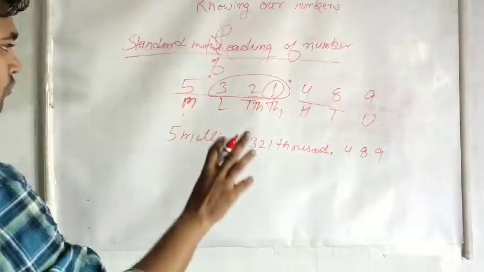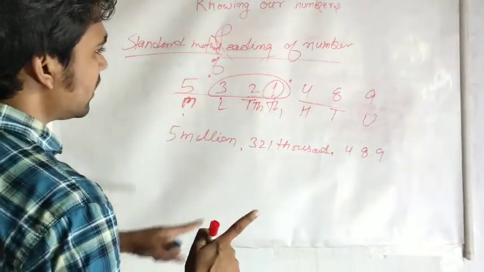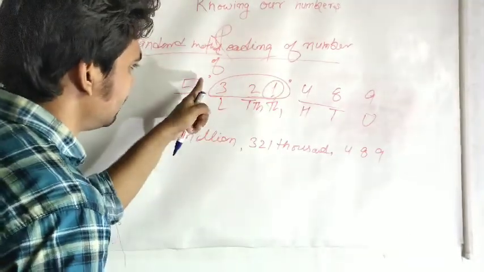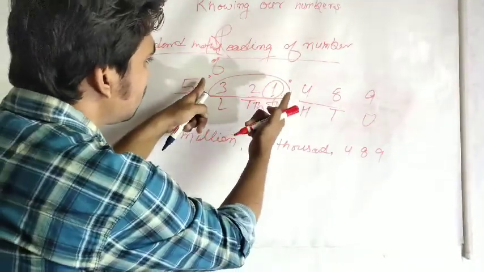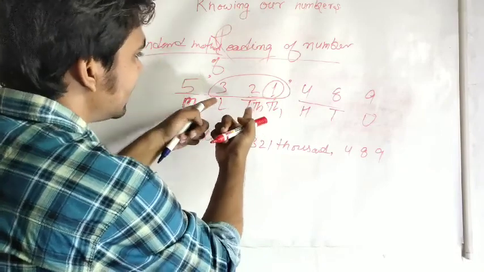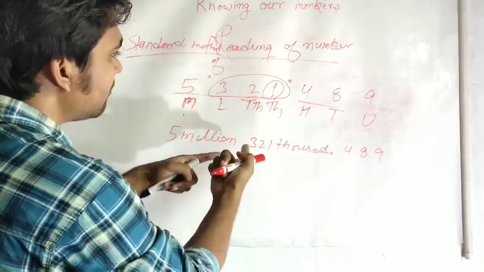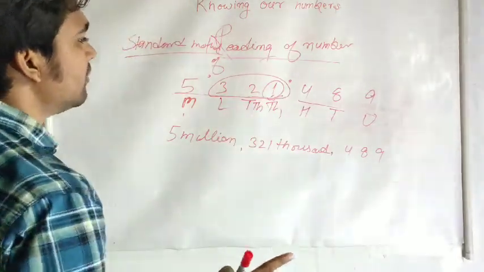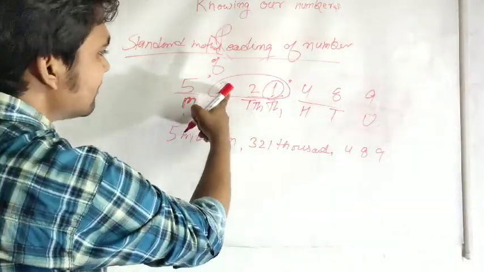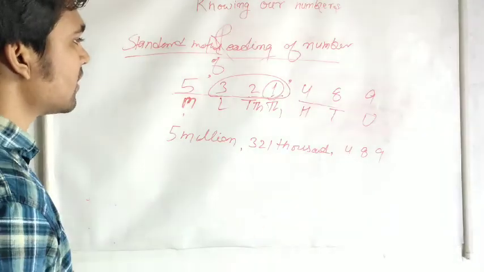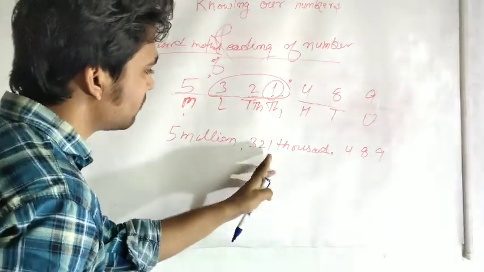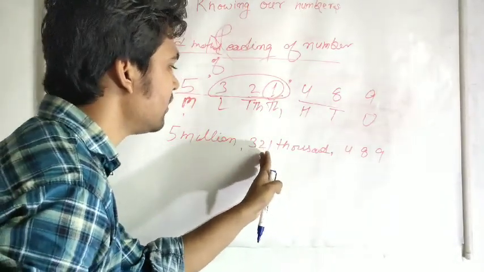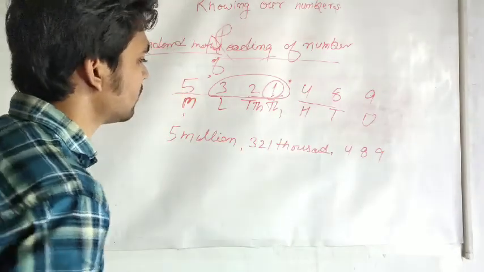What do we read? I have already told that the number which is situated between 2 commas would be read collectively. Here at the fourth place 1000 is given, so we will read this number in 1000 form.